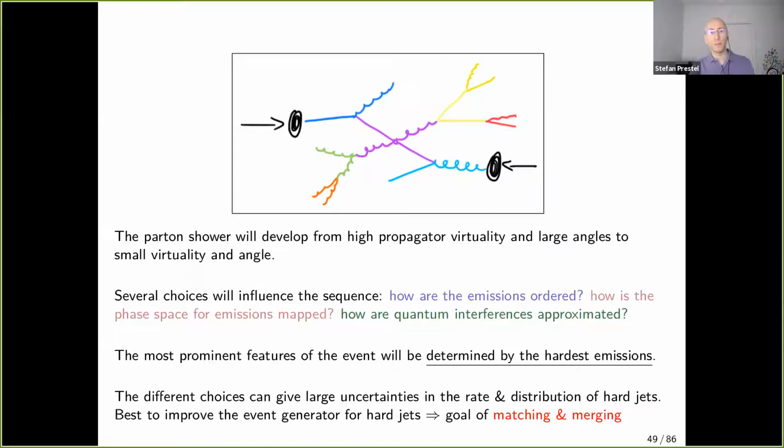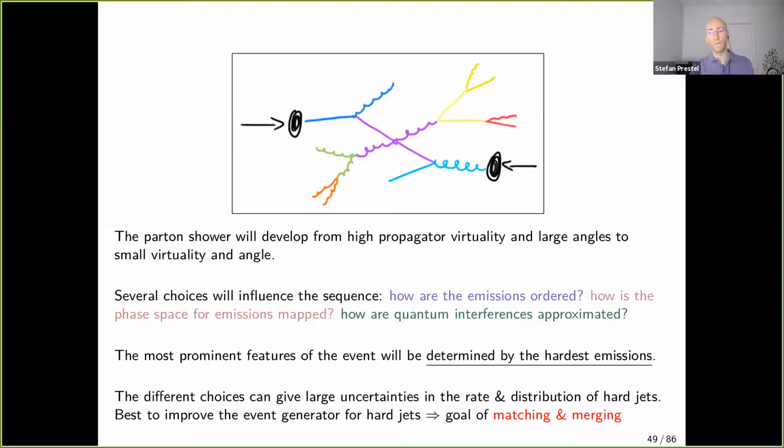What is also clear is that the most dominant features, the thing that you will see most clearly in the detector from this branching process, will be determined by the highest energy emissions of additional particles. Higher energy particles are always easier to detect than lower energy particles.